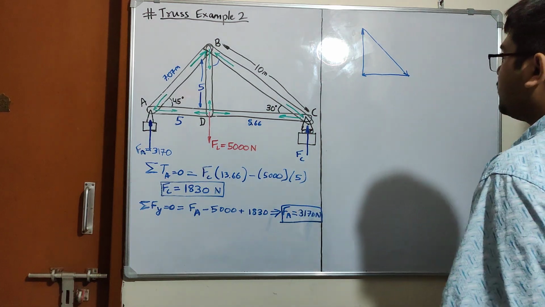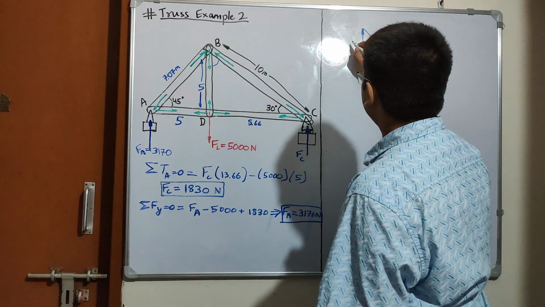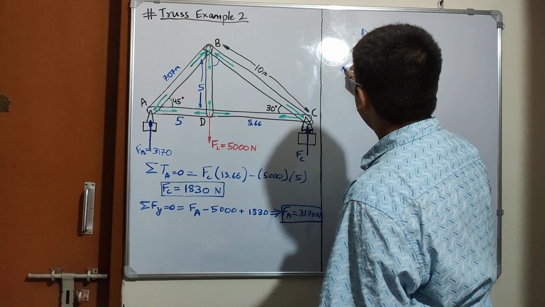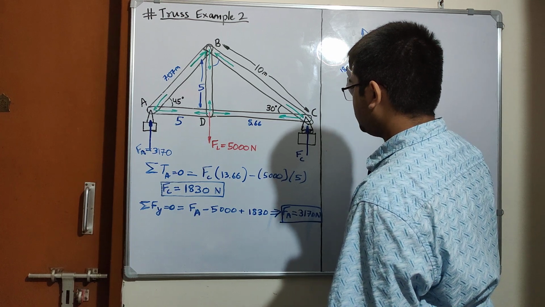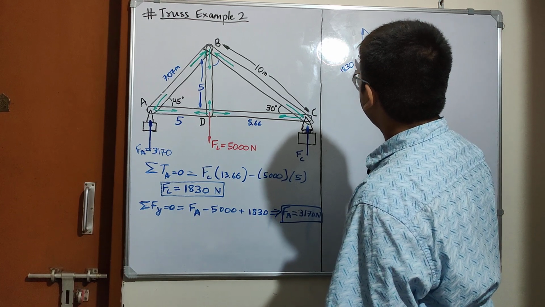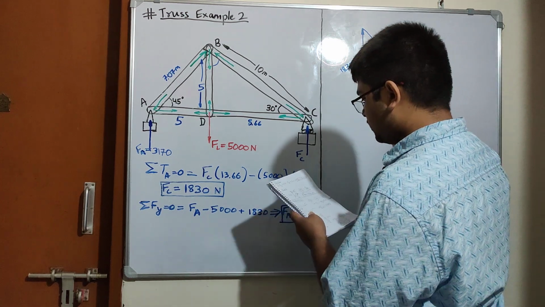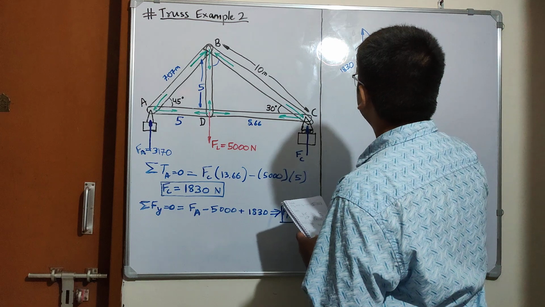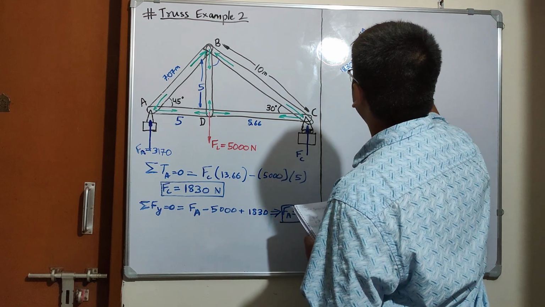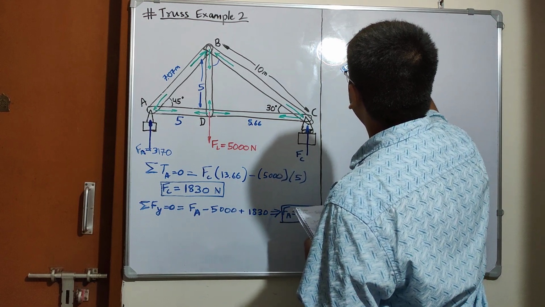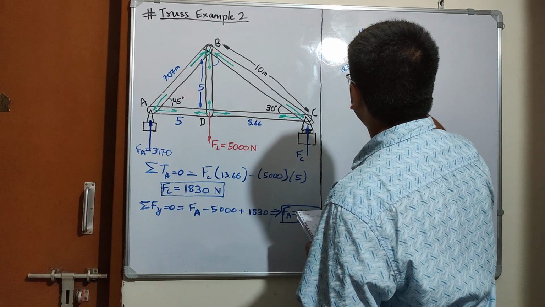Now we can see that this is 1830, which corresponds to the height, 5 meters. From here to here it is 5 meters.